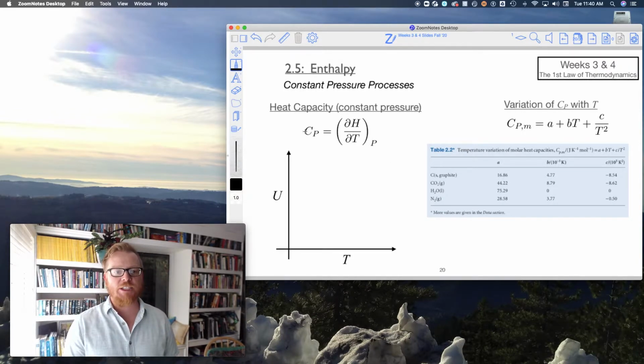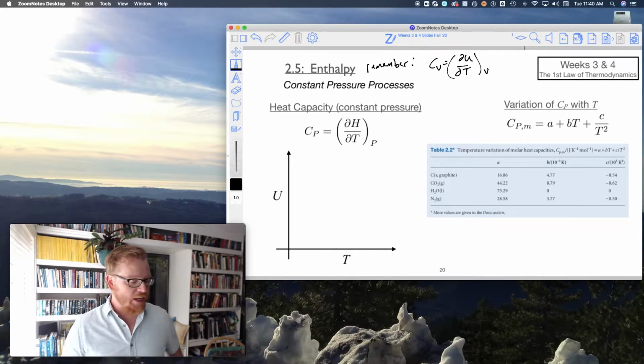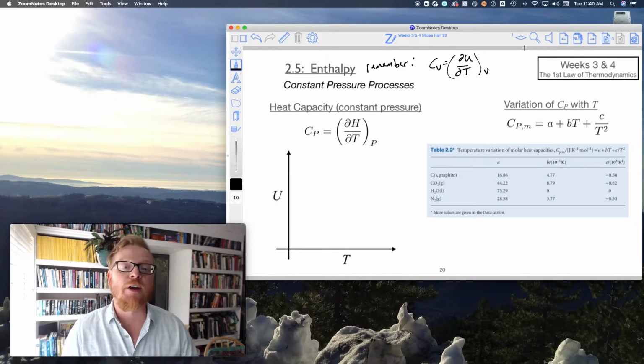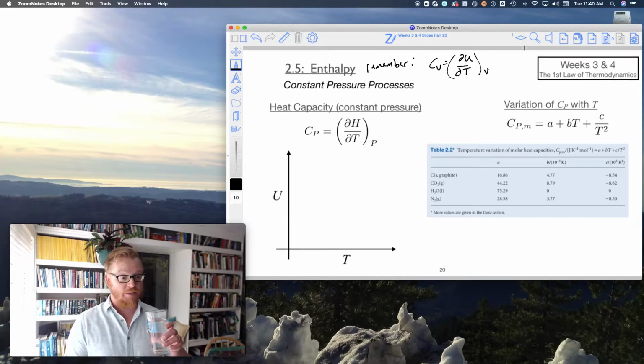And so by definition now, we have the constant pressure heat capacity, Cp, which is the partial of H by the partial of T at constant P. So remember to not mix this up with Cv, which is the partial of U by the partial of T at constant V. Okay? So as we move forward in this class, we're going to see a lot of these partial relationships. And eventually I'm going to have a nice acronym or mnemonic for us to remember all of these relationships.